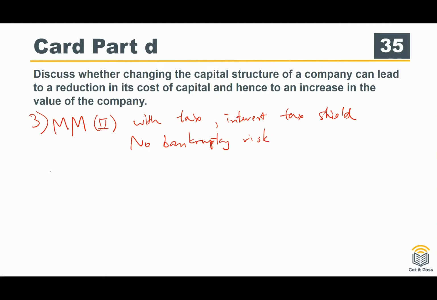So in other words, the cost of debt will be lower and lower because you enjoy the tax shield.